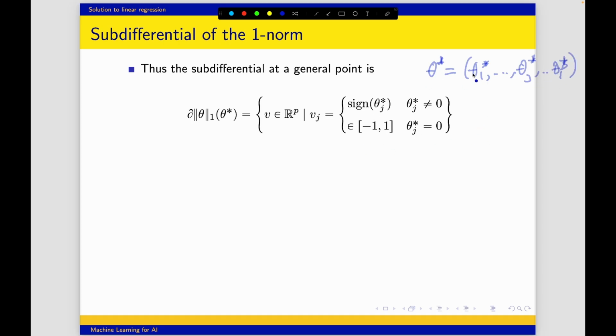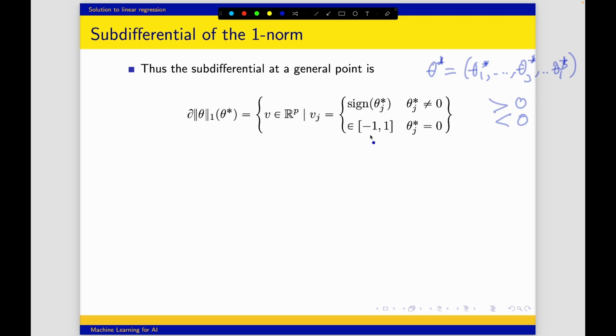Now, if one of these is positive or negative, in other words not equal to 0, then the component of the subgradient will be equal to the sign of that component, which is +1 or -1. In other words, the partial derivative, which will give us +1 or -1.